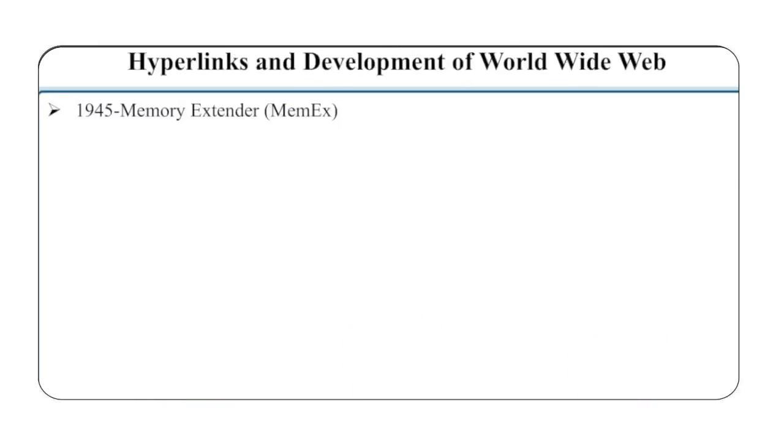In 1945, Bush conceptualized a memory extender called MEMX, a thinking machine in which an individual could store information and link them. In 1962, Engelbart started work on the Augment project, which aimed to produce tools to aid human capabilities and productivity.